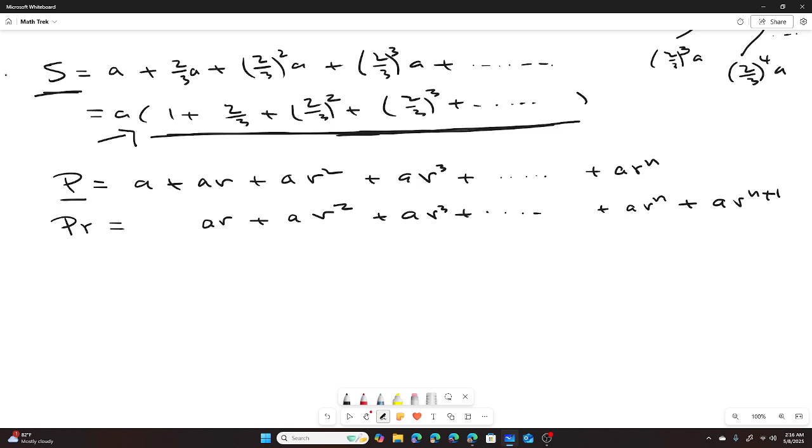Now, if we subtract this series from this series, P minus P times r, notice that the like terms cancel, because we're subtracting these two summations. What we are left with is the endpoint.